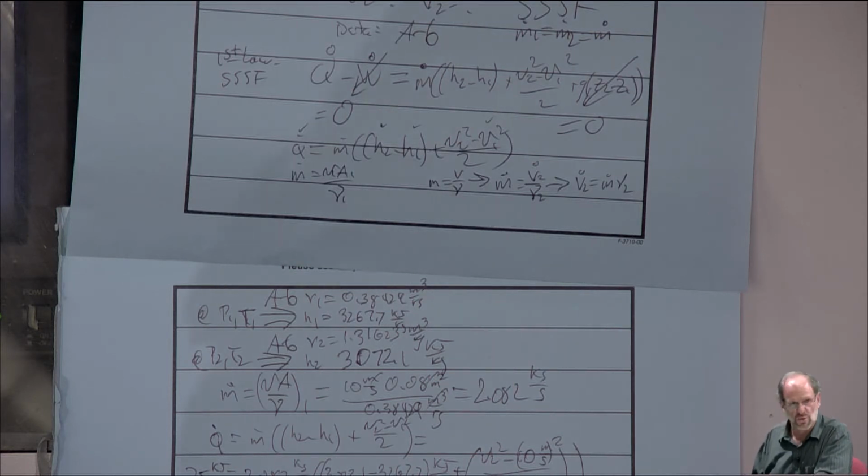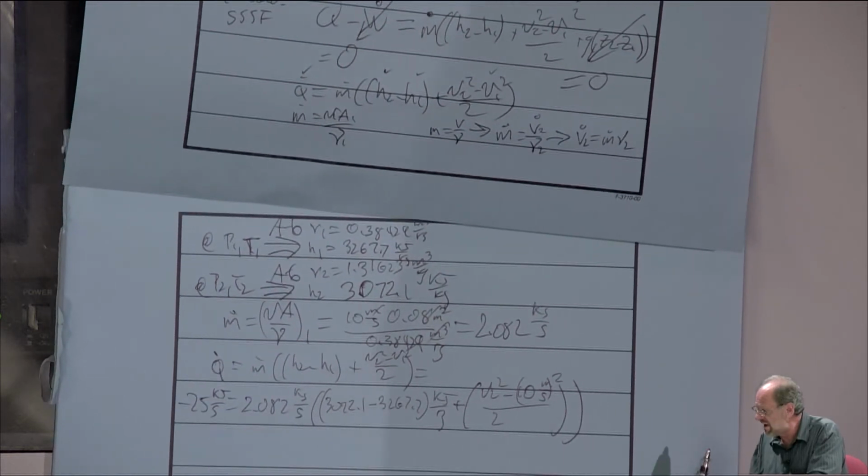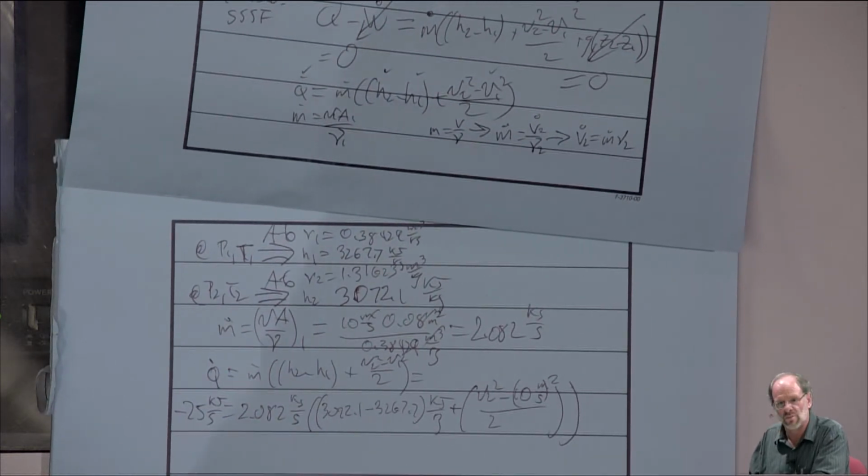The units look a little squirrely, don't they? We've got meters squared per second squared units in the kinetic energy term and kilojoules per kilogram in our enthalpy change term. It doesn't seem entirely obvious how we're going to make the appropriate change. But there's always something we can do.